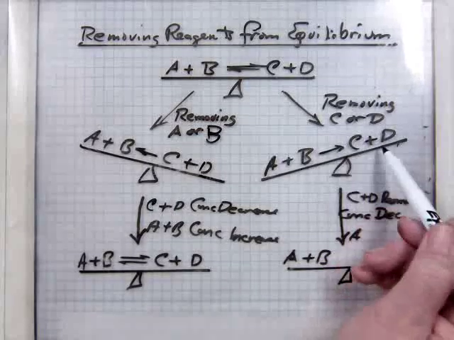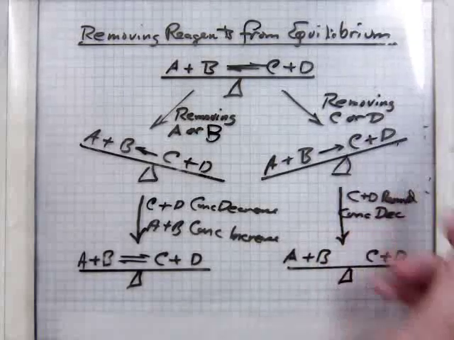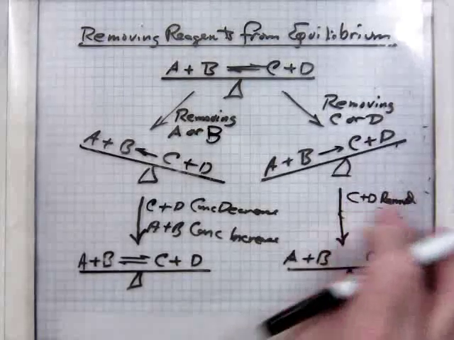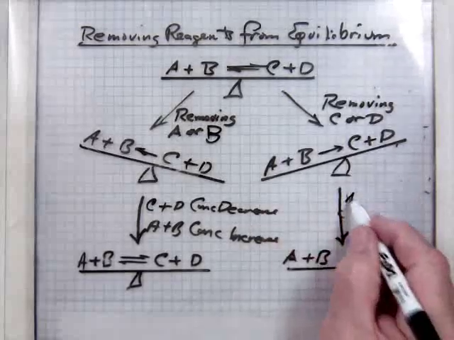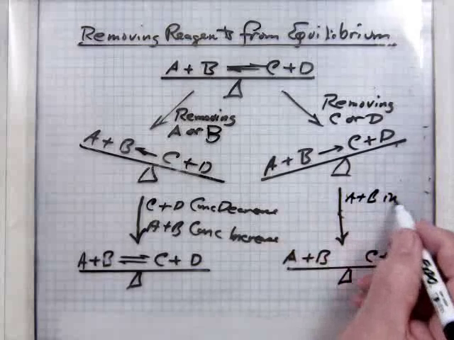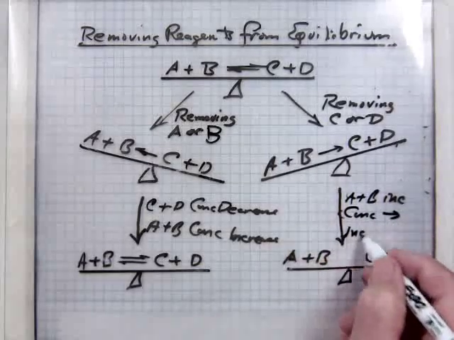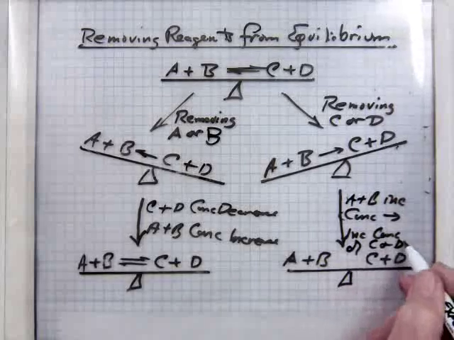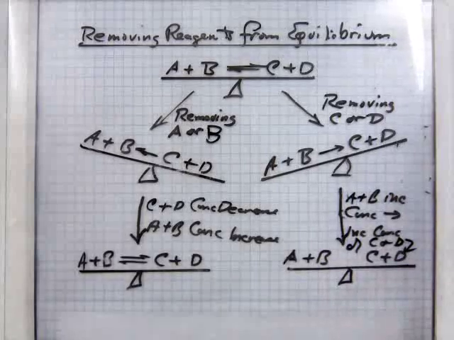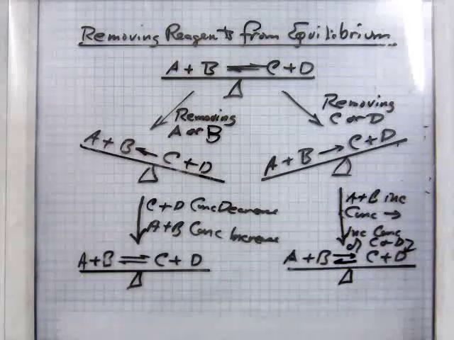So we have to replace C and D. Okay, so those would be lower concentrations. So we have to increase those. Excuse me, I'm getting ahead of myself here. A and B increase concentration to increase concentration of C and D to make the new equilibrium. And they will have new concentration terms in those.